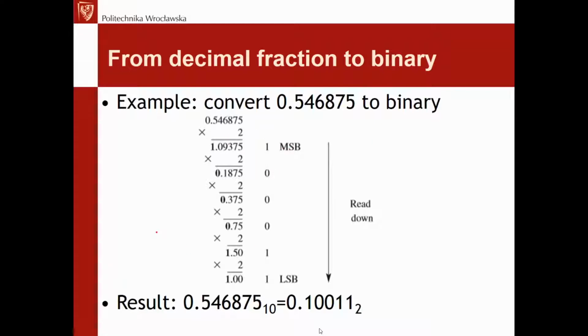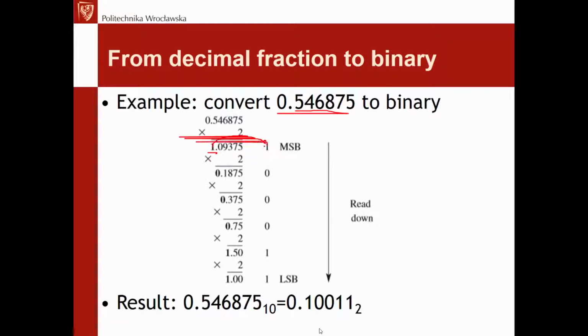The algorithm is again iterative, and the algorithm is that we multiply our number by 2 all the time, and when we observe 1 as the integer part, then we take this one as the MSB of our number, and we subtract it, then take the remainder for further processing.